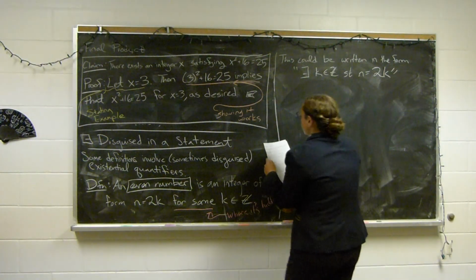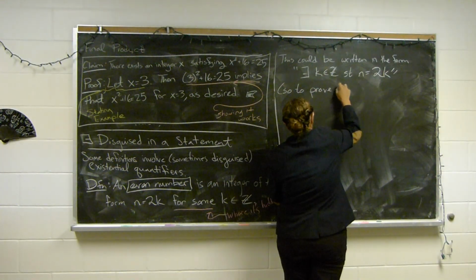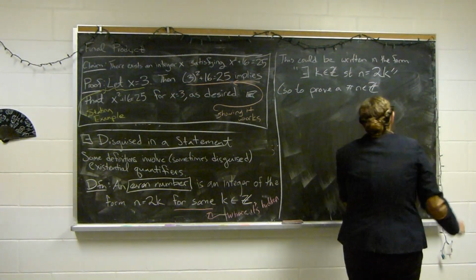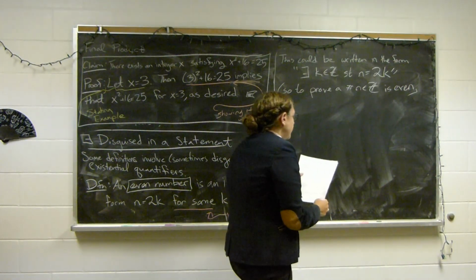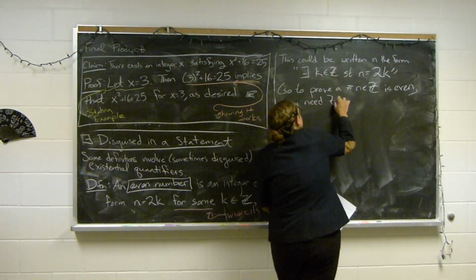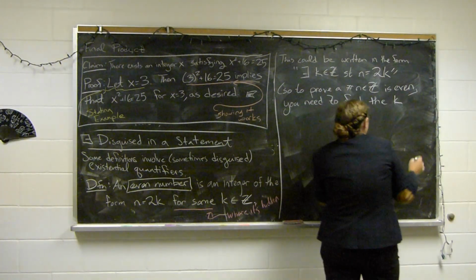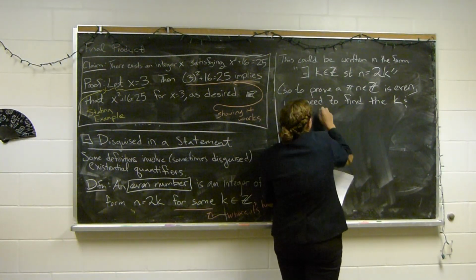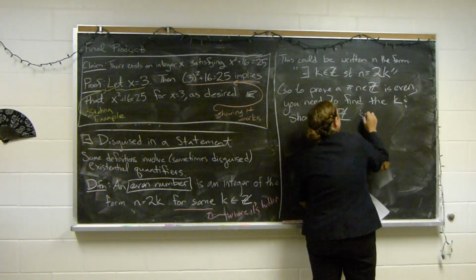So to prove an integer is even, you need to find the k and show that k is actually in the integers and n equals 2k.